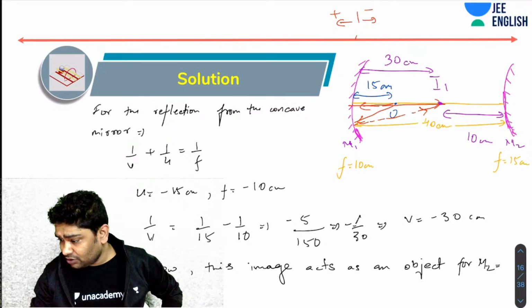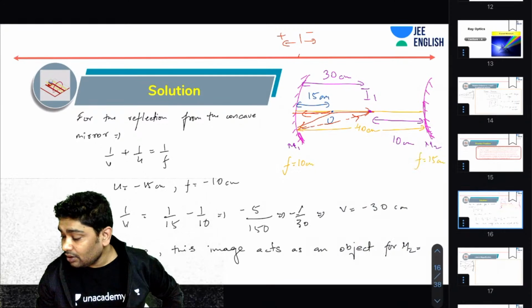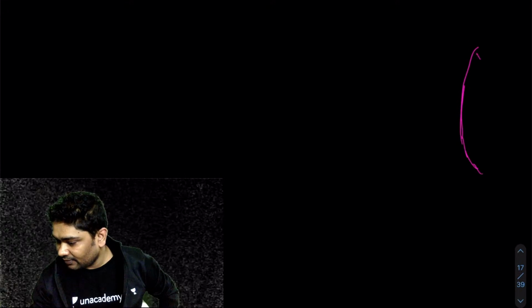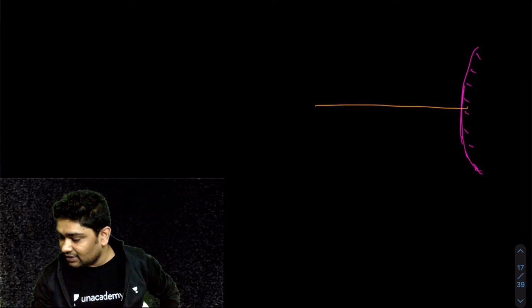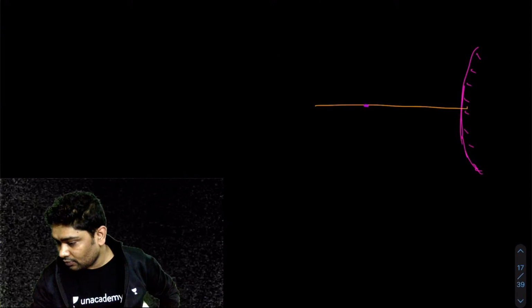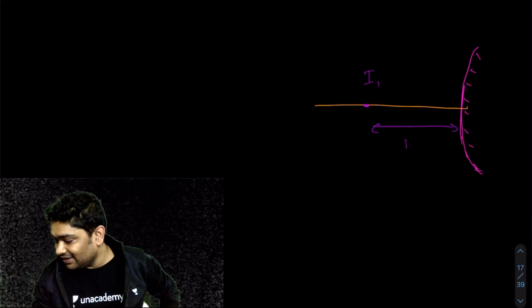So let's add a page, carry forward with the solution. Now for the second reflection, what all do I have? I have this mirror, and I have I1 behaving as an object with this distance of 10 centimeter.